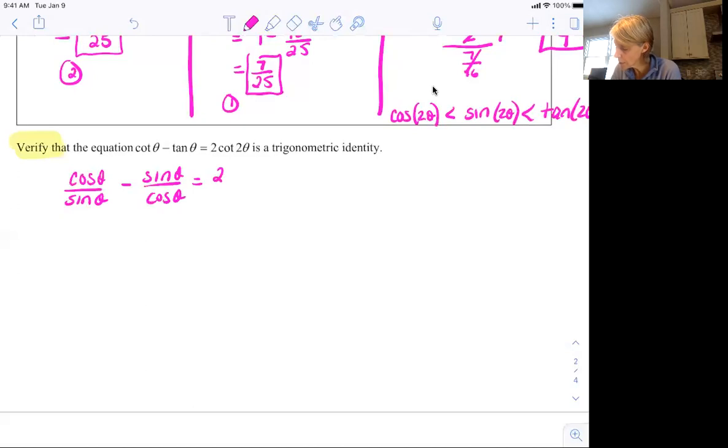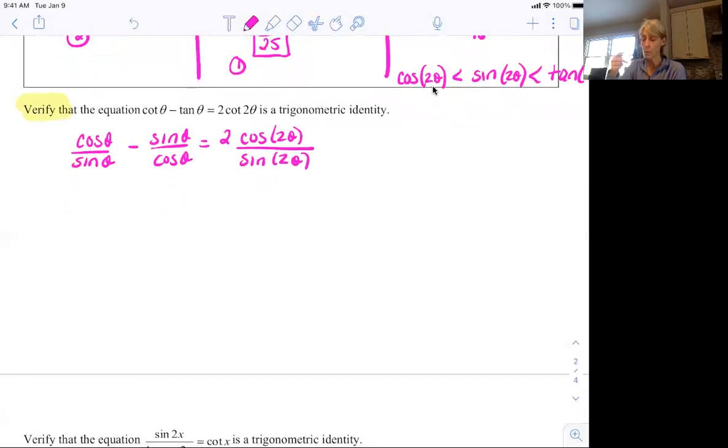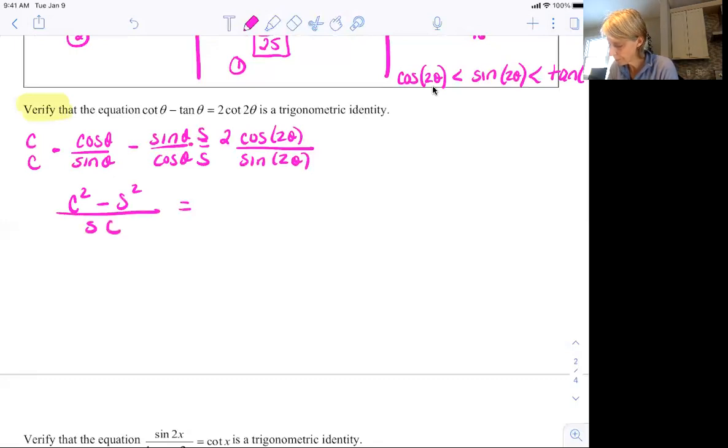So cotan 2 theta is going to be cosine 2 theta over sine of 2 theta. And now I'm just going to replace. Can't do anything over here. I can combine like terms over here though. Cosine, cosine, sine, sine. So I would have cosine squared minus sine squared over sine times cosine.